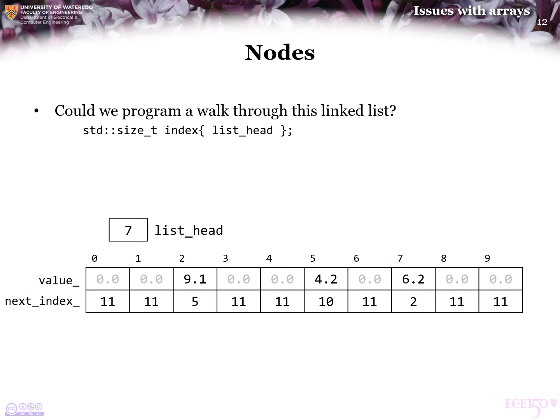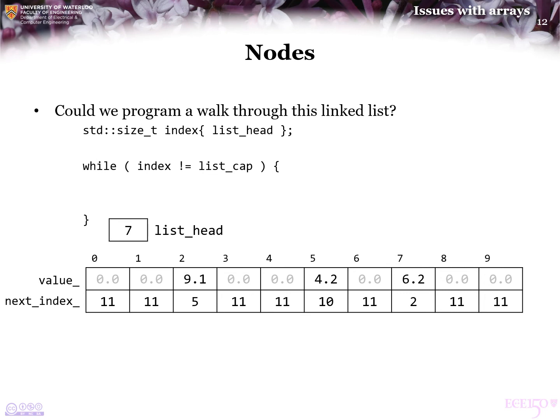So we have to keep on going through the linked list until we get to the end of the linked list. And the end of a linked list is when the next index is equal to 10. Well, if list head is 10, that means the linked list is empty. So we're going to have a while loop that keeps going as long as index is not equal to list cap. In this case, 10.